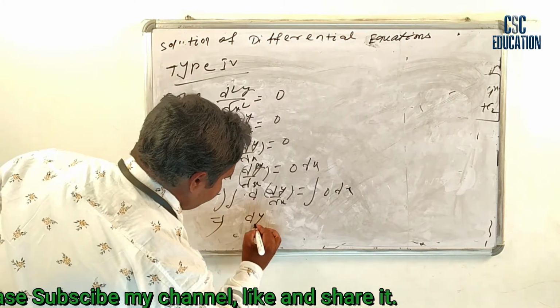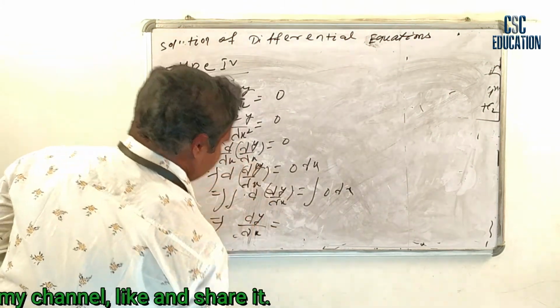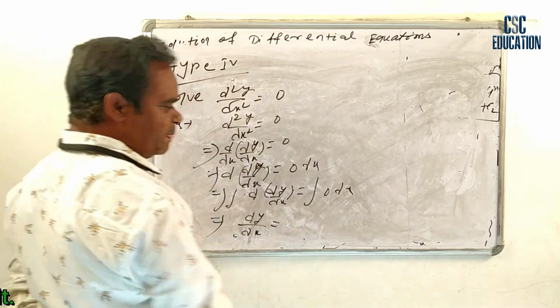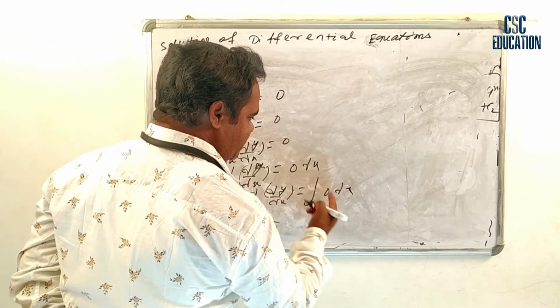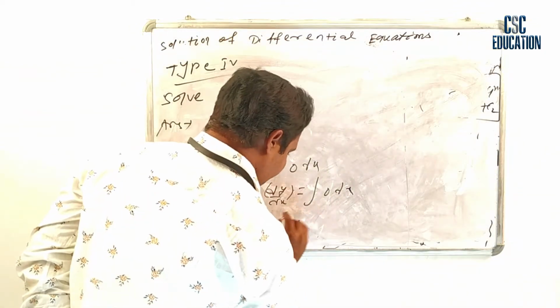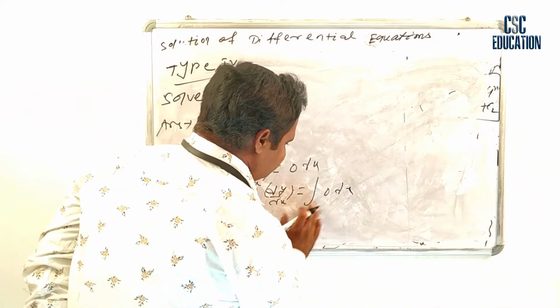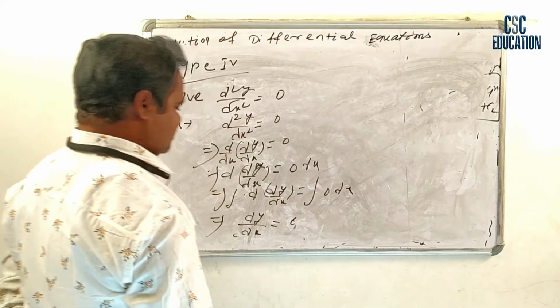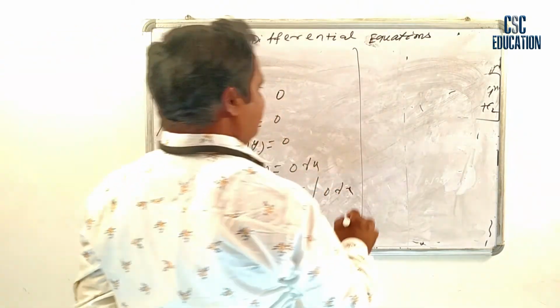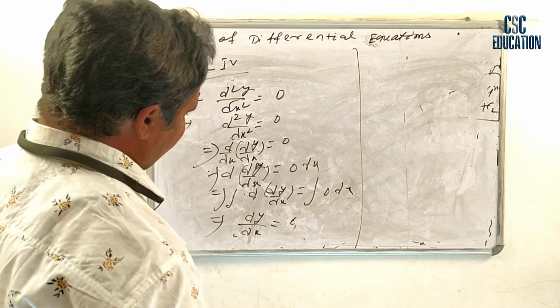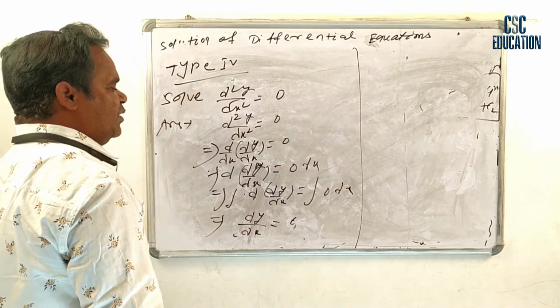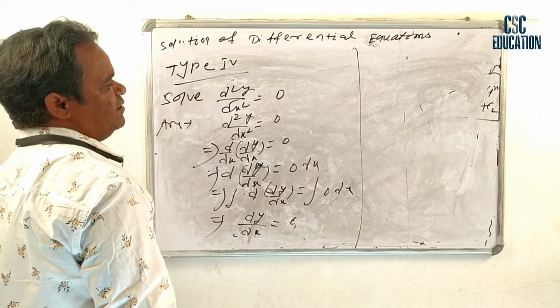Now dy by dx equals the integral of 0 dx, and the integral of 0 is a constant.